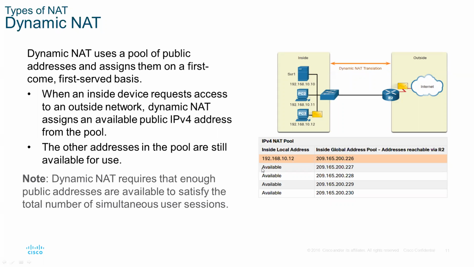So as a device needs a connection to the outside, if there is an available global address, it'll be mapped to that address for as long as the communication exists.